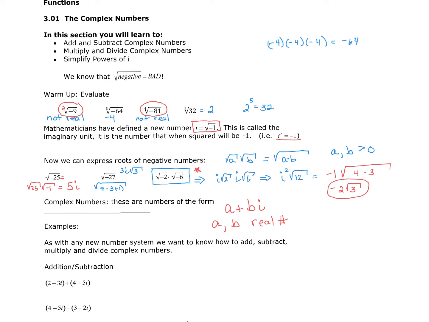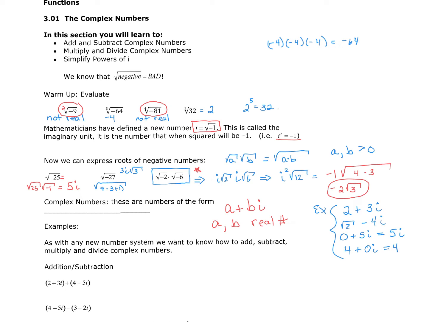So these are all examples of complex numbers: 2 plus 3i, square root of 2 minus 4i, 0 plus 5i, which we would probably just write as 5i, and 4 plus 0i, which we would probably just write as 4.